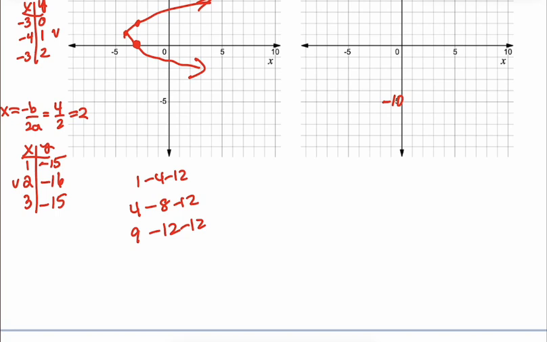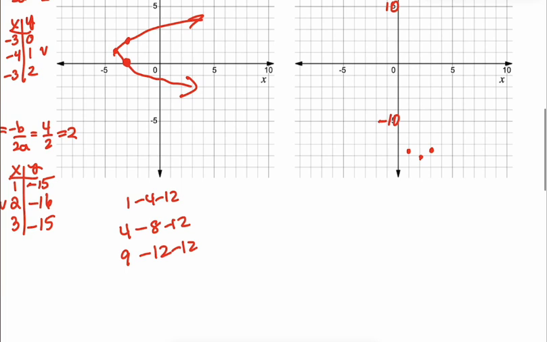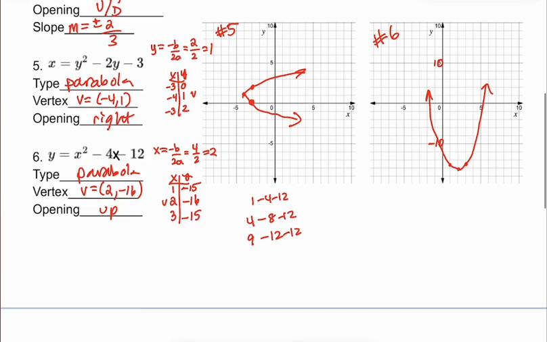So 10, 12, 14, 15 would be right there. At 2, I'm at -16. And at 3, I'm also at -15. I think we're good. Yep. And our parabola looks something like that.